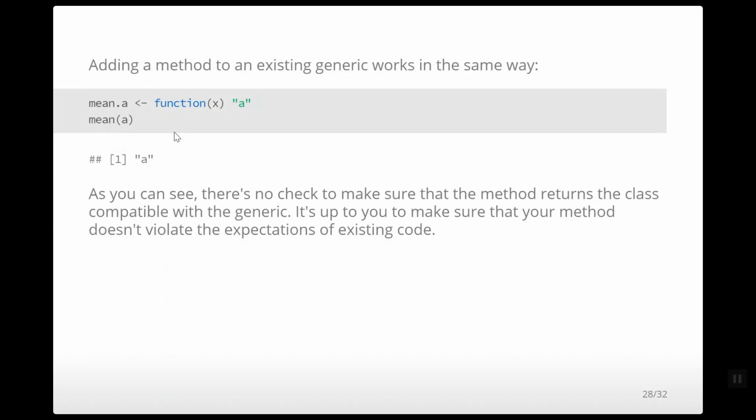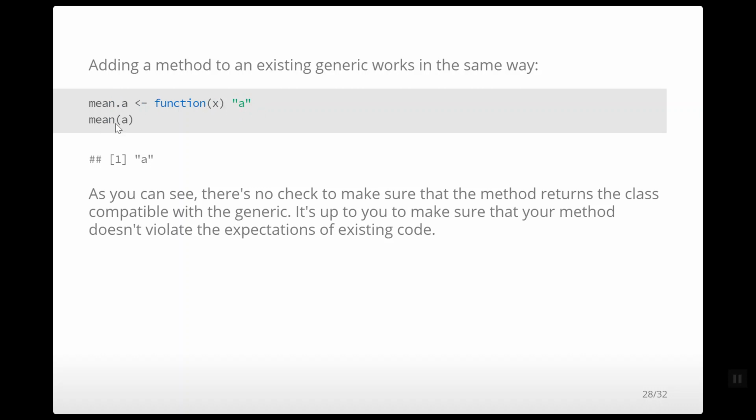I can also add specific methods for functions that already exist, such as the mean function. So here I'm going to do mean.a. This is a special version of the mean function where it's just going to return the character string "a". This is like a terrible mean function.